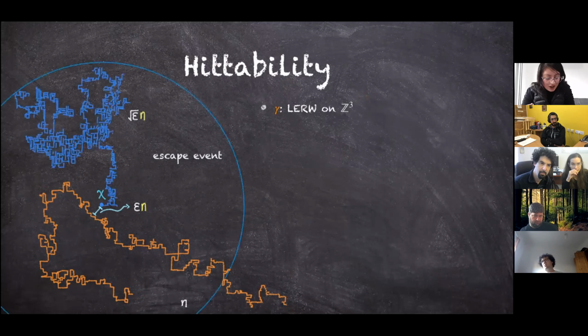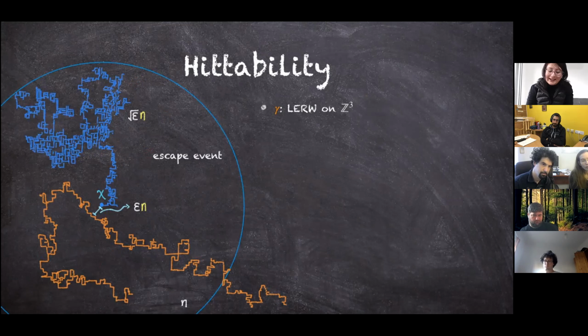And now I let run a simple random walk starting from my point x. So this is a bad event if even when I start close enough, the random walk still manages to escape, or in other words, to reach distance square root of epsilon n without hitting the orange path. So this is a bad event, and we call it the escape event.